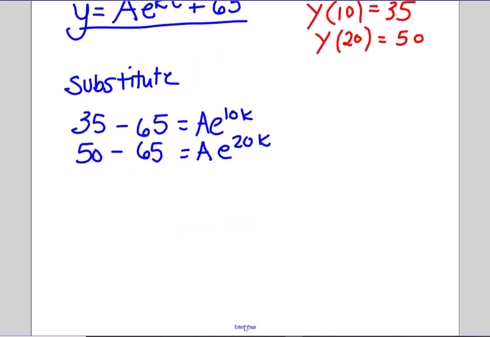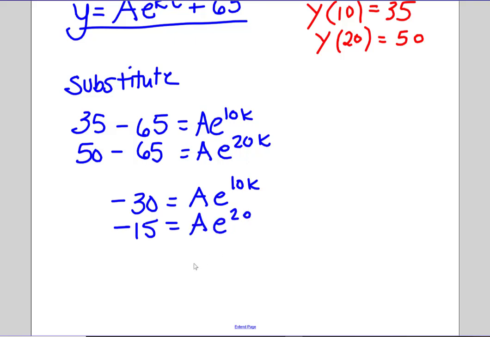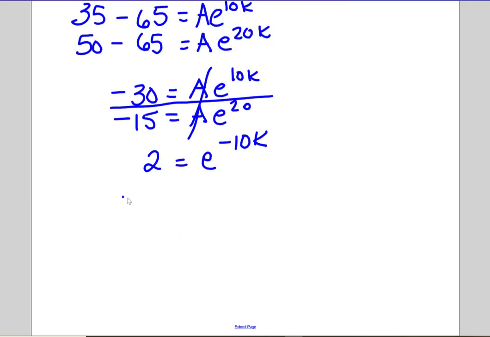So we could say that negative 30 is equal to a e to the 10k, and negative 15 is equal to a e to the 20k. If we divided those, then we could say that 2 is equal to e to the negative 10k, because that would eliminate a, and the natural log of 2 would be negative 10k.